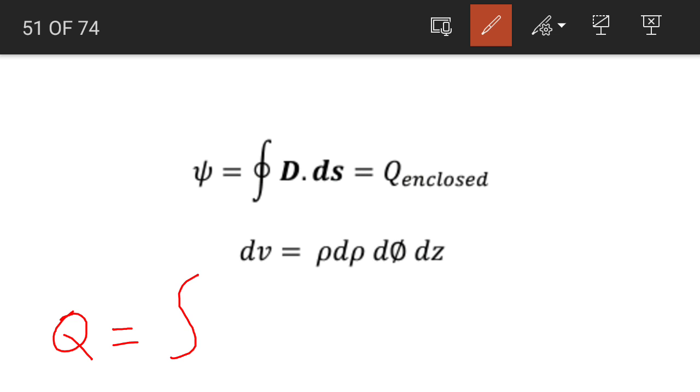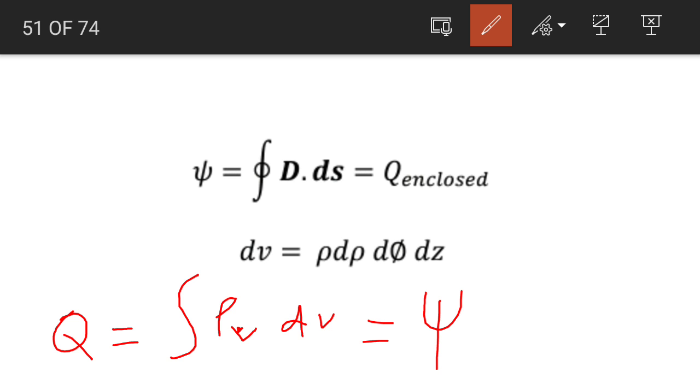We have the integration of rho v dv. So the integration of rho v dv will give you the total charge enclosed by the closed surface, and according to Gauss law, the charge enclosed by the closed surface will be equal to the flux passing through this closed surface in the outward direction.